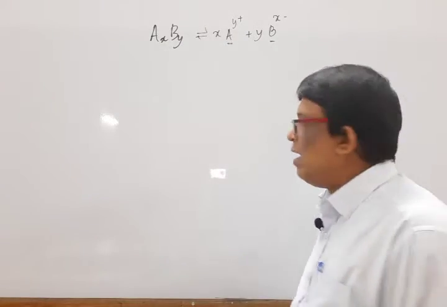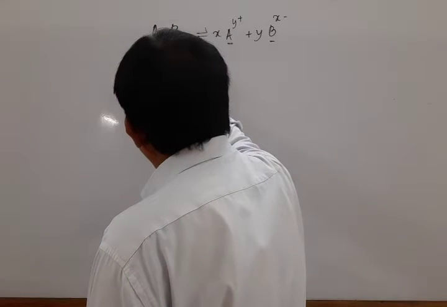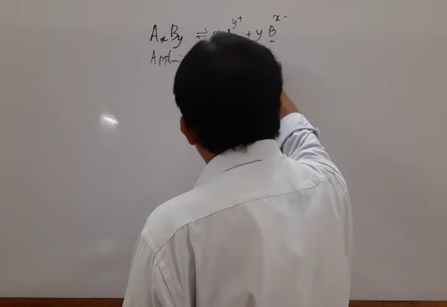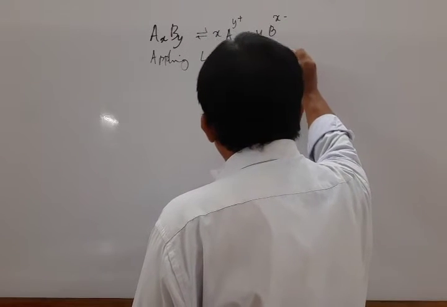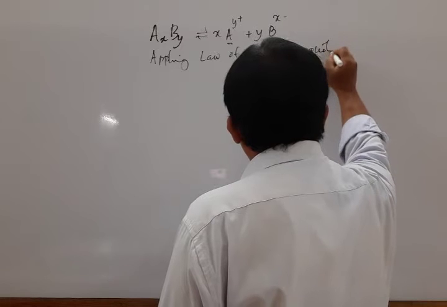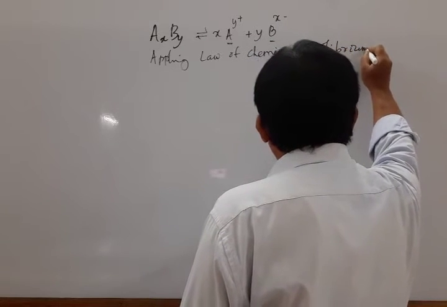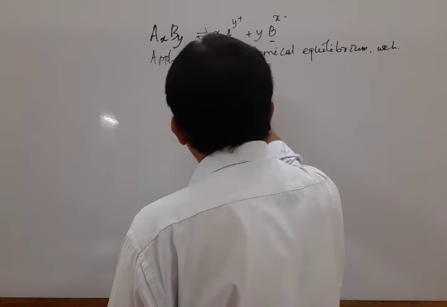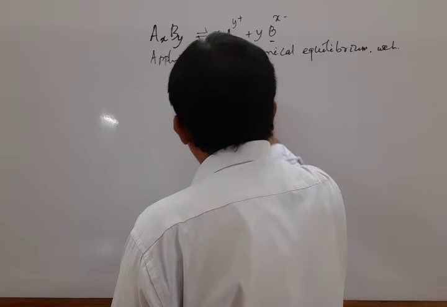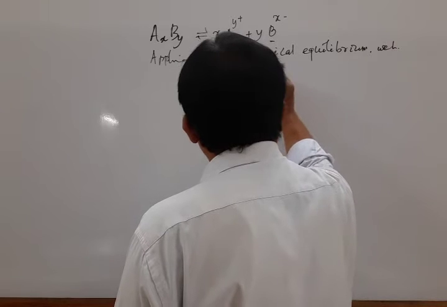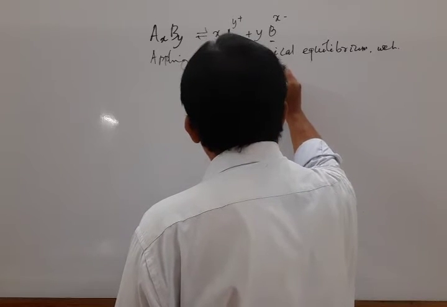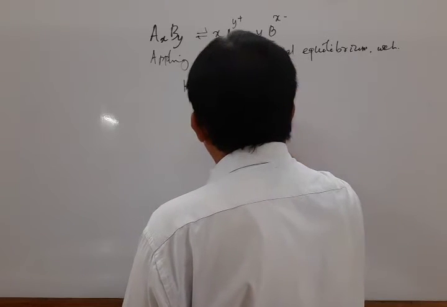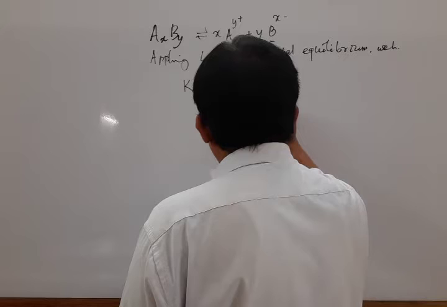Okay, good. Applying the law of chemical equilibrium, we have K equal to [A^(y+)]^x times [B^(x-)]^y divided by [AxBy].